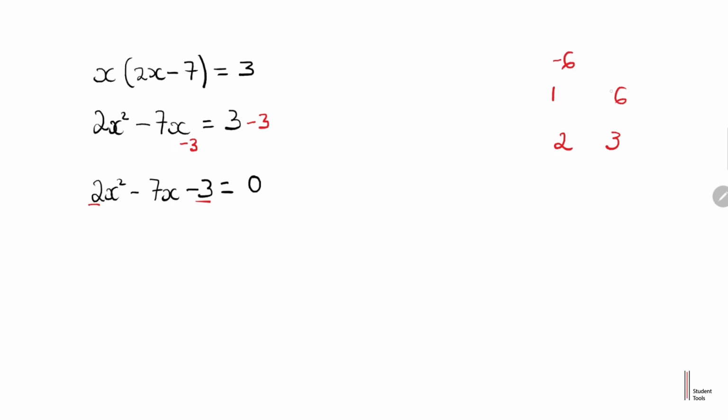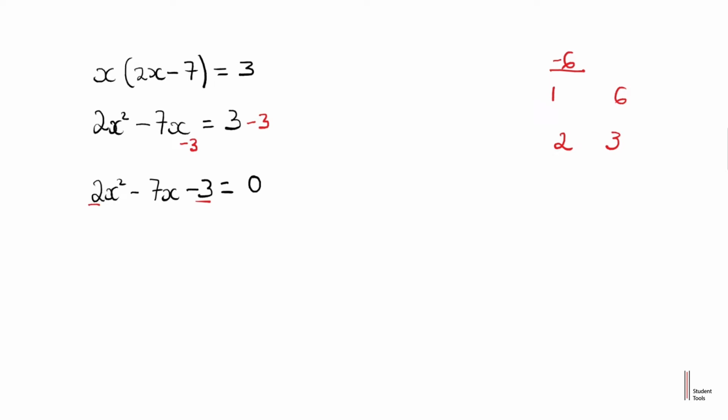Now with these factors we have to pick a pair which, when multiplied, will give us an answer of negative 6, but when we add that pair, it has to give us an answer of negative 7. But there is no pair of factors that can give us negative 6 and at the same time give us negative 7 when we add them.